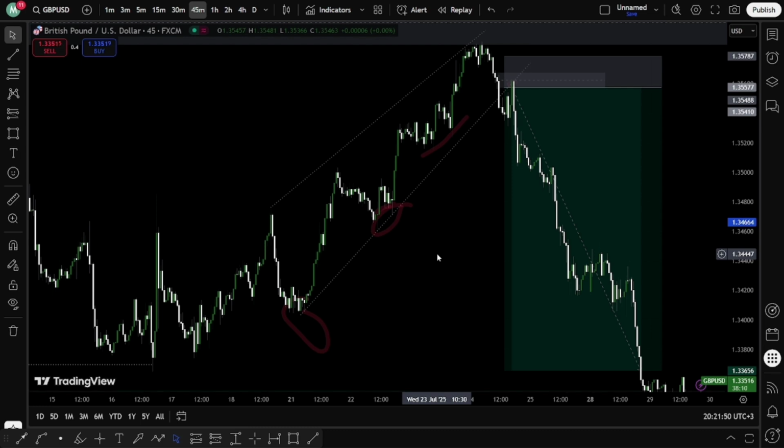The market could leave some order blocks, but later on you could find that the order block is no longer valid for entry. That depends on what the market has done in its recent moves after leaving the order block. So I'll be explaining more about that in the next video, guys.